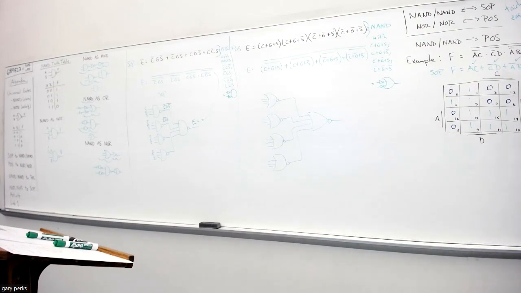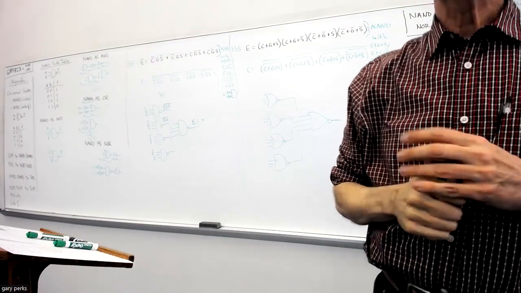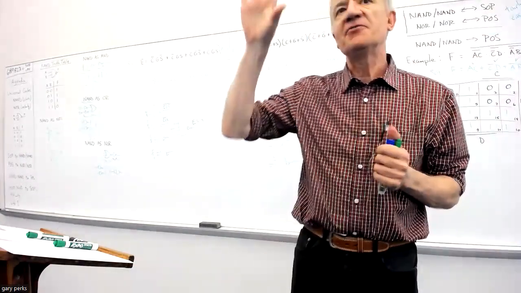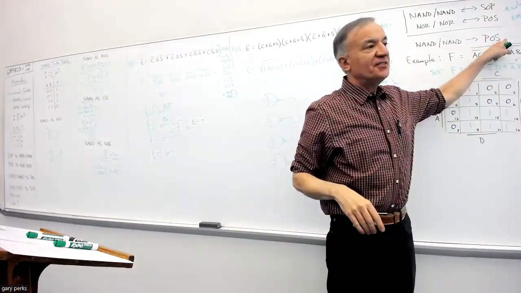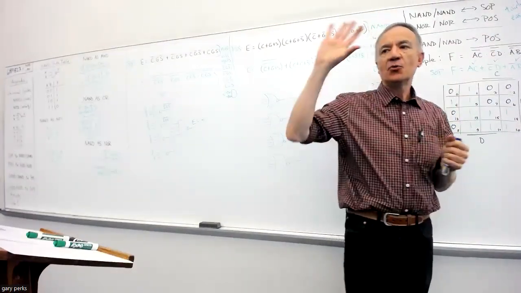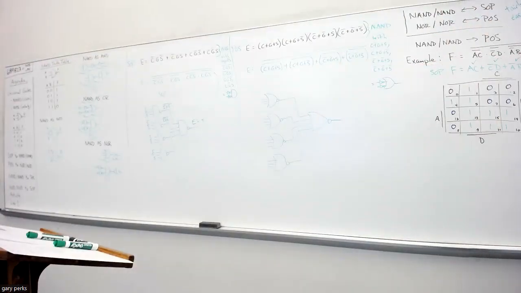Remember what we're trying to do now. We're trying to get to the reduced POS. Think back to things we've already done. If we want F for POS, what do we need to start with?